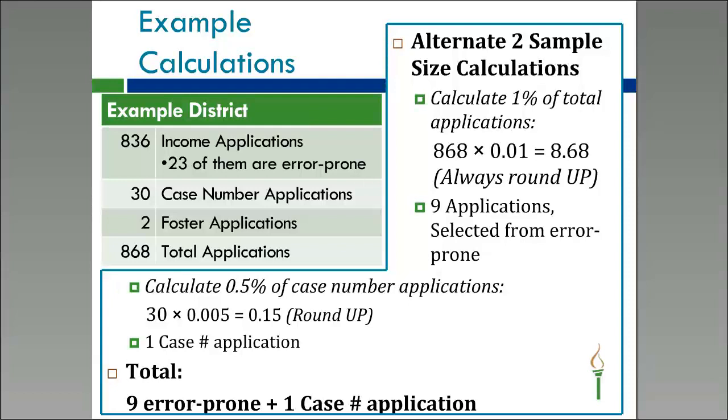So you can see in this example district, if they selected alternate 2, they only had to verify 10 total applications, whereas if they selected standard or alternate 1, they were verifying 27 applications. So you can see in this district, they had to verify a lot fewer applications. If you have a really small district where you're only verifying 1 or 2 applications anyway, you might as well just do your standard or alternate 1.